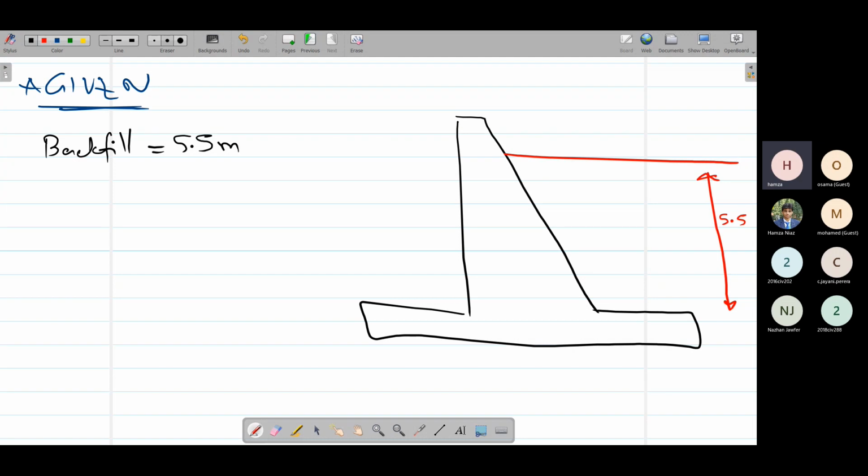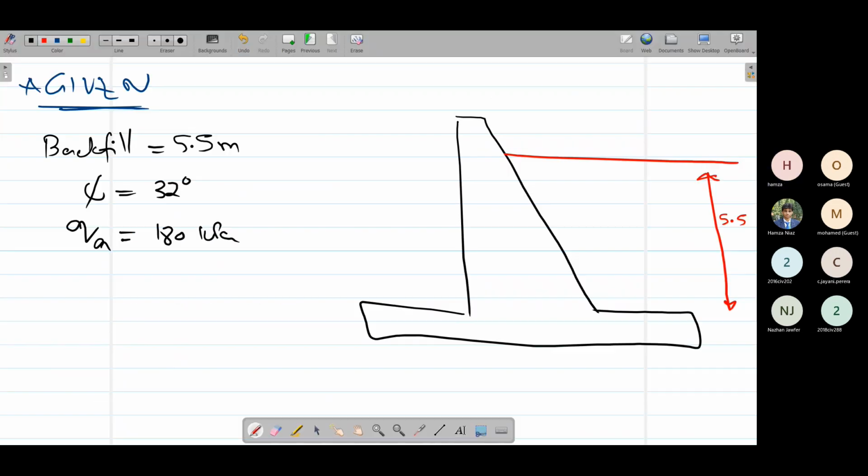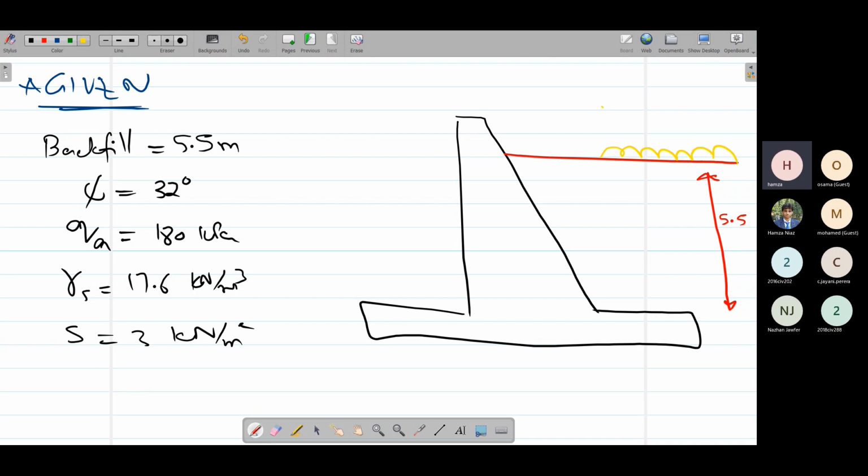Soil properties are also given: phi, the angle of internal friction, is 32 degrees, and the allowable bearing capacity of soil is 180 kilopascals. The unit weight of soil mass is 17.6 kilonewton per meter cube, and the surcharge, the load applied on the soil, is 3 kilonewton per meter square.